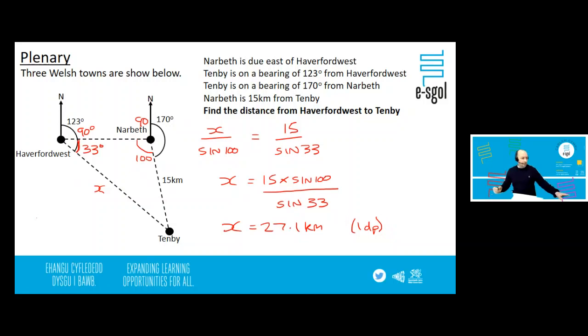Okay, so hopefully that makes sense. Just to recap with this question, the maths involved with finding the side of 27.1 is pretty much what we've done over the last 45 minutes, but there was a bit of extra work we needed to do, working out the angles within the triangle.